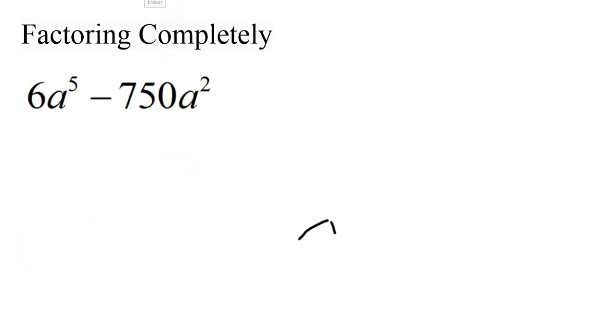Our last one, we're going to try to factor this completely. So I'd like you to use any factoring techniques you have and play the recording when you're ready. Okay, so for this one, we're going to first look for our GCF. I see a 6 that goes into both terms and an a squared, so I'll factor that out, 6a squared.